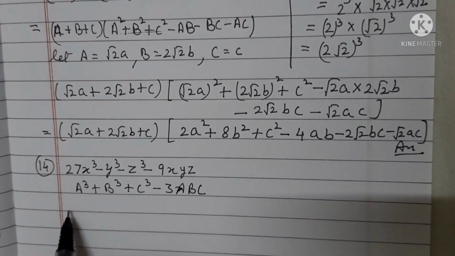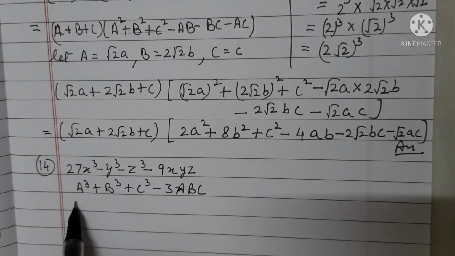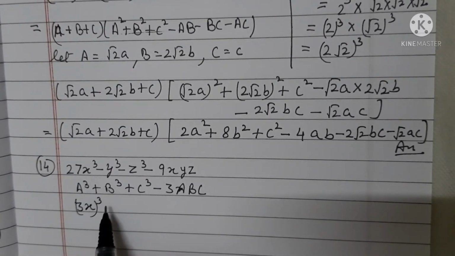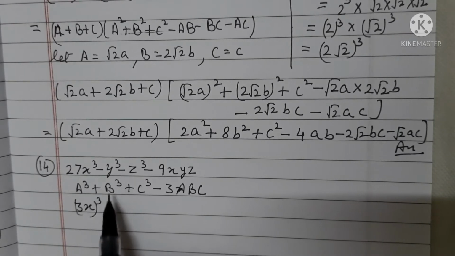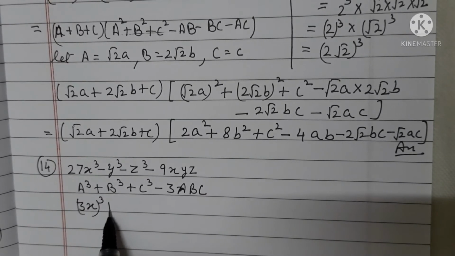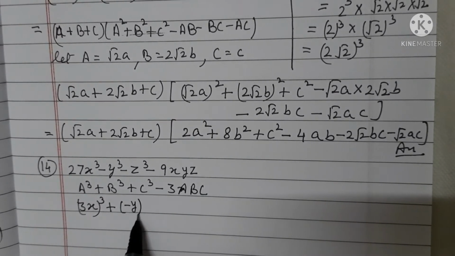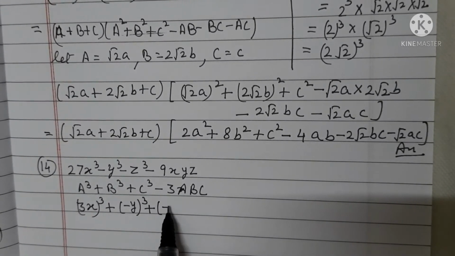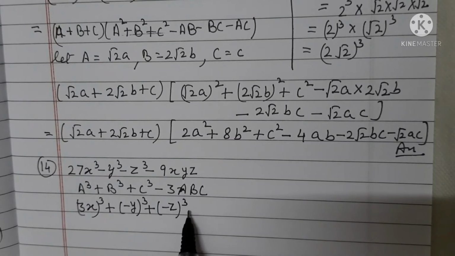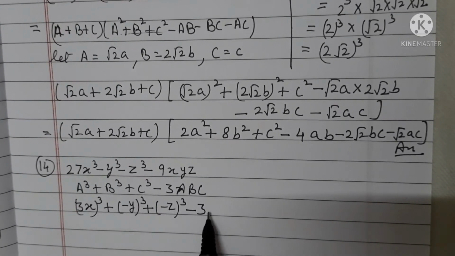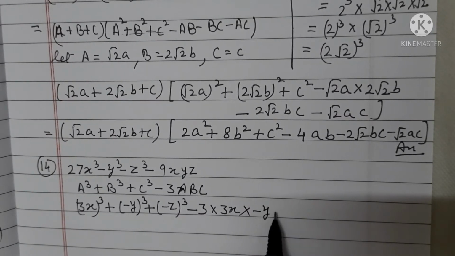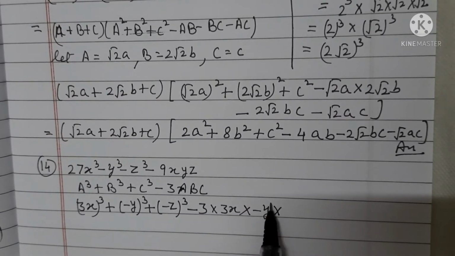So you can write it 3x whole cube, and for b plus minus y whole cube, and for c plus minus z whole cube, minus 3, a means 3x, b means minus y and c means minus z.